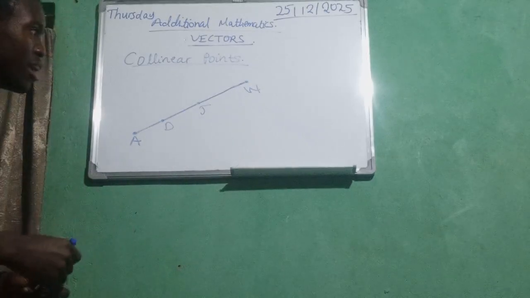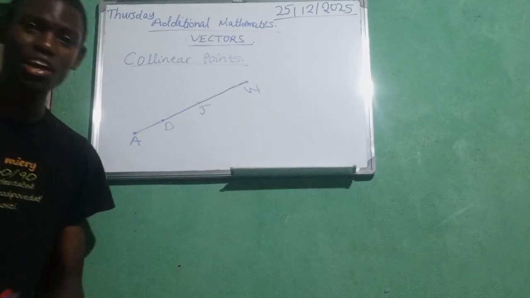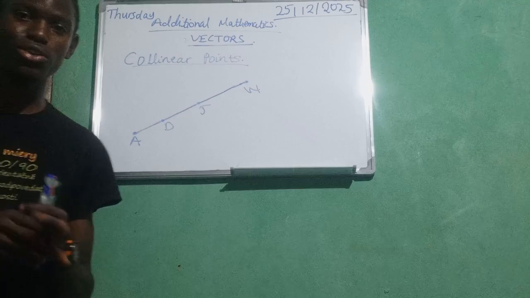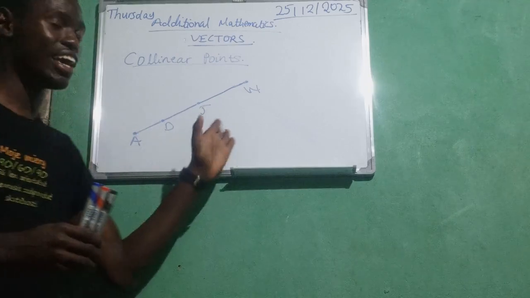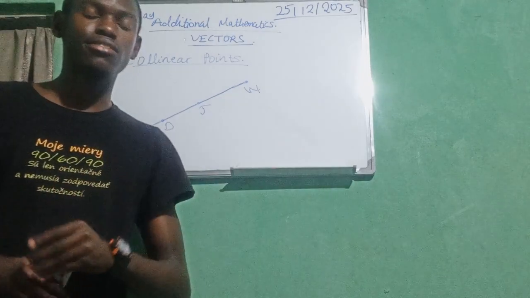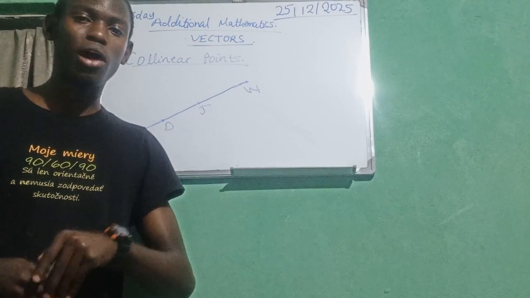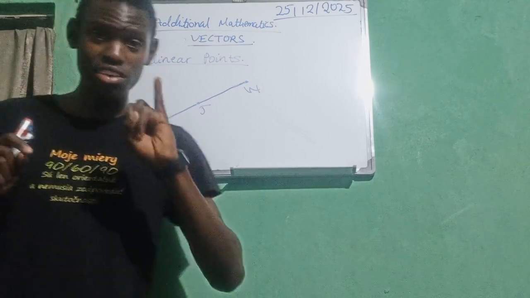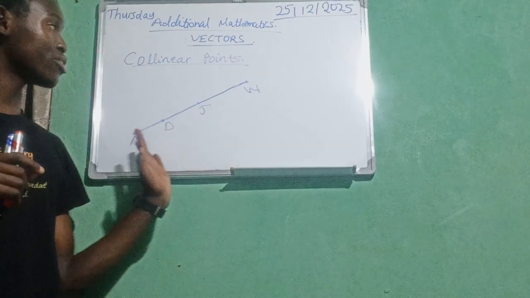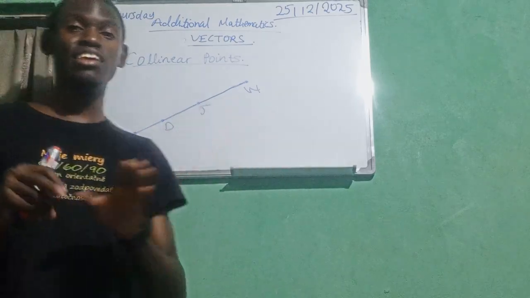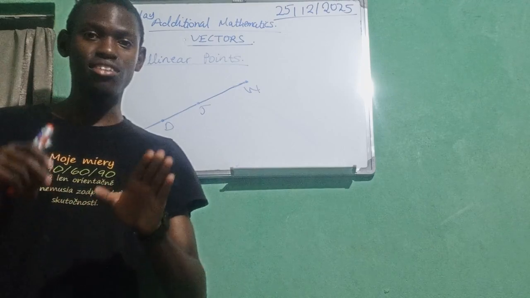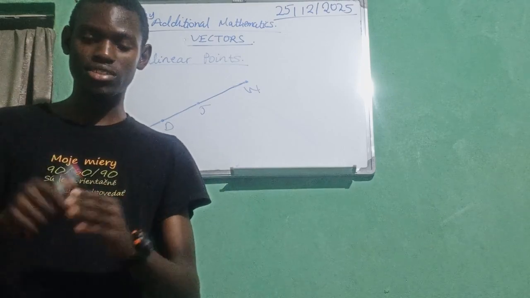Alright, but that's not our interest. Collinear points are points that lie along a straight line. What is it that we need to know about collinear points? The first thing is that the gradient along this straight line is equal. It is equal at each point.